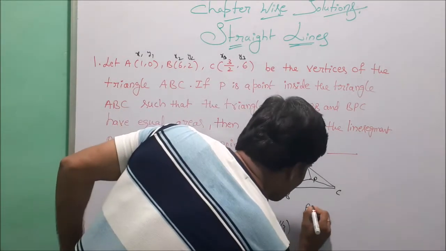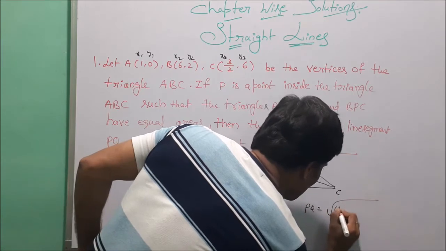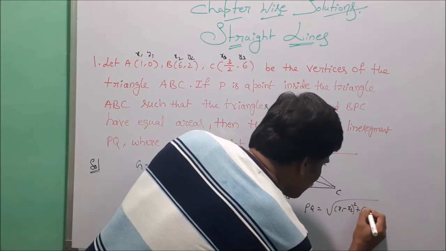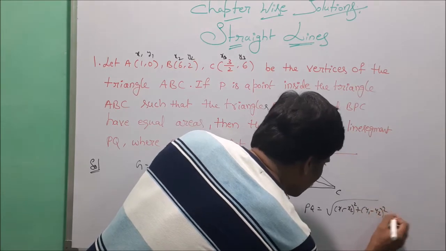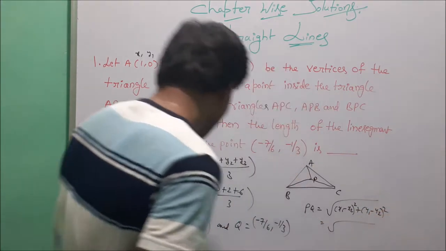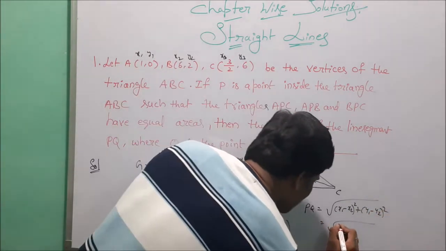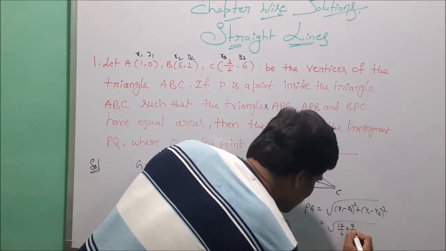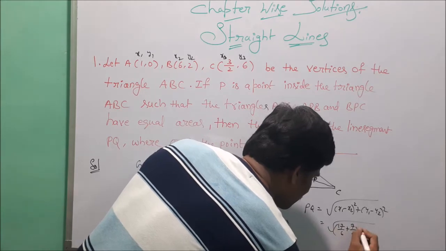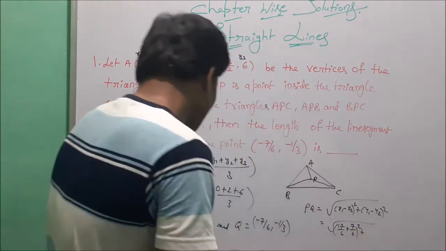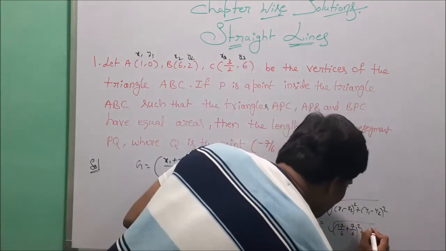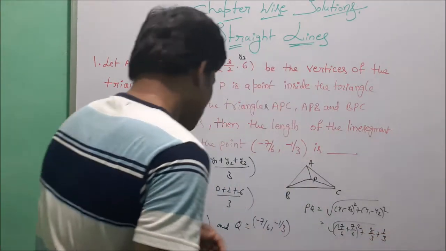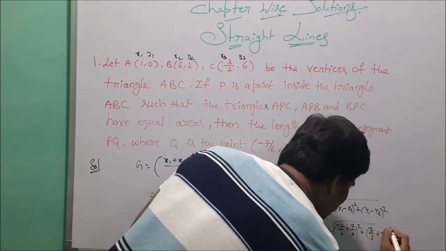So PQ equals, using the distance formula, square root of (x1 minus x2) whole square plus (y1 minus y2) whole square. Substituting these points: x1 means 17 by 6 plus 7 by 6, here minus of minus becomes plus, 7 by 6 whole square, plus 8 by 3 plus 1 by 3 whole square.